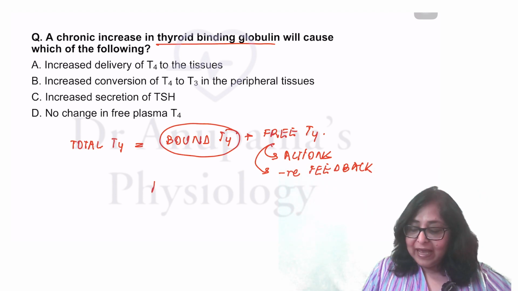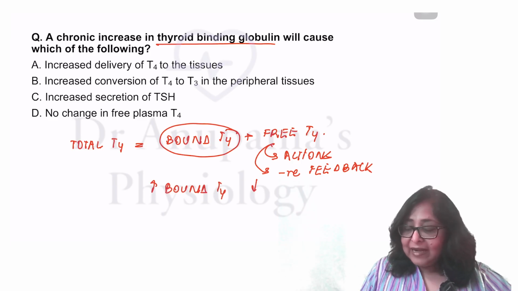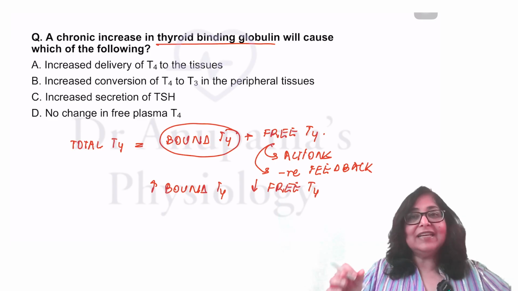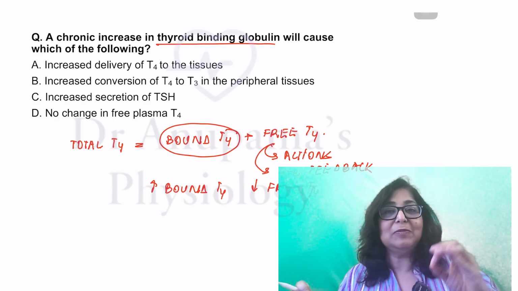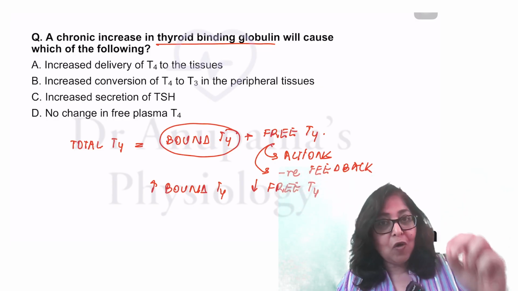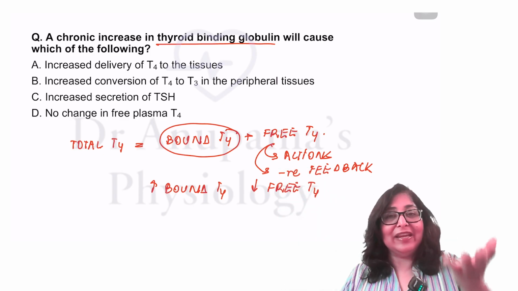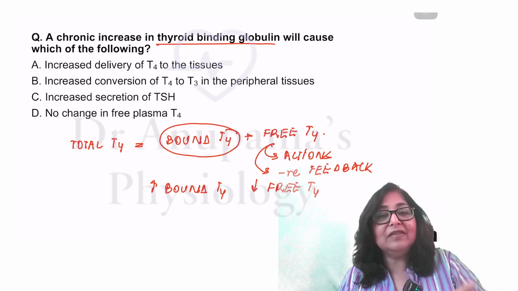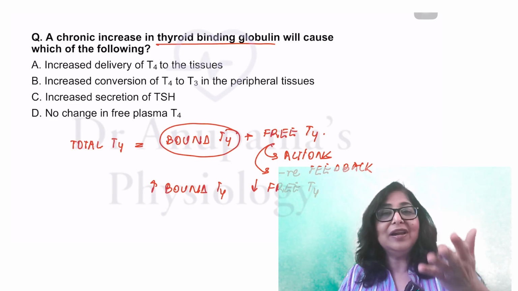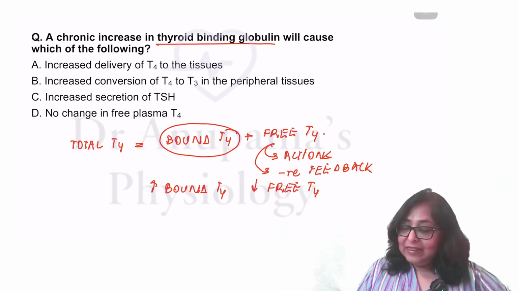So there will be an increase in the bound T4 and a decrease in the free T4. But I've just told you that it is the free T4 which is responsible for negative feedback. If there is a fall in T4, now the TSH and TRH levels will increase and they will bring the T4 back to normal.